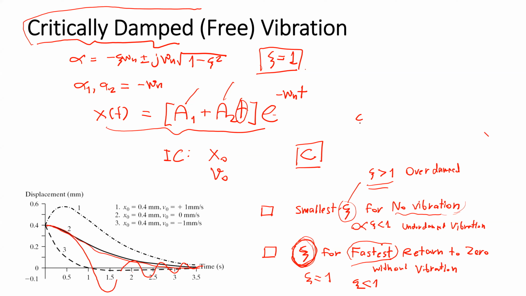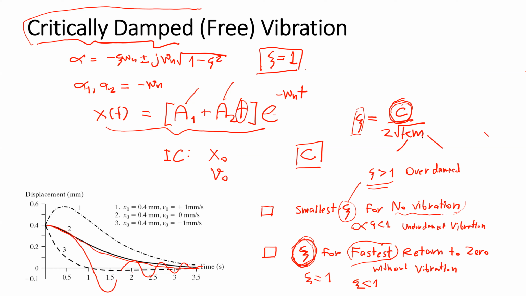If you remember, the damping ratio is equal to C divided by 2 square root of km. The mass of the car is fixed. The spring of the coil of the suspension is fixed. The engineer should design the damping coefficient so that the damping ratio becomes 1.